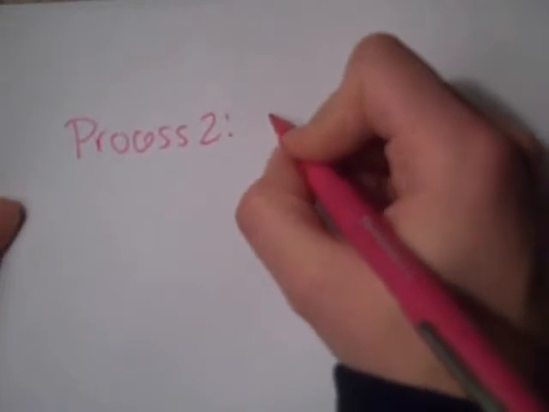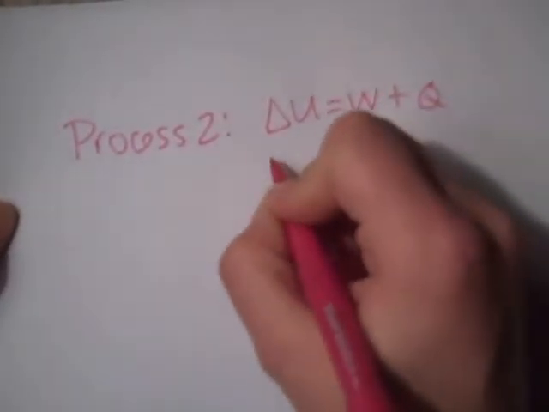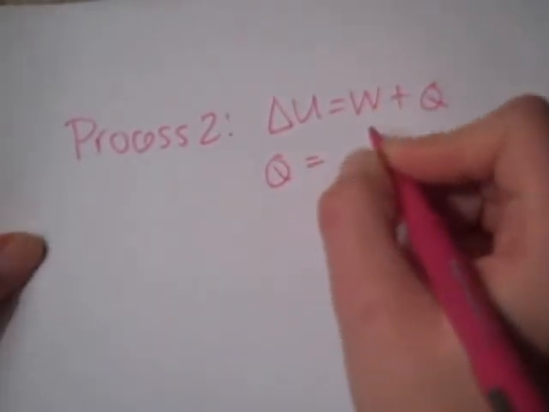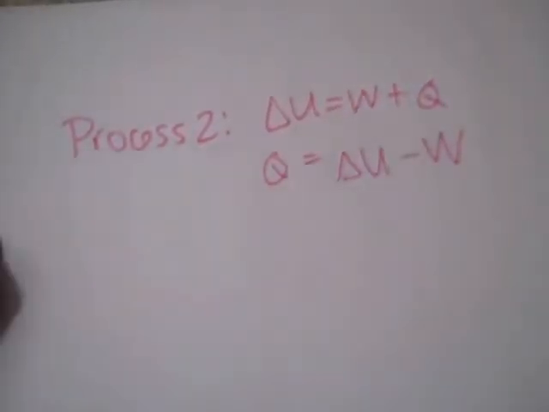we're going to go about a similar type situation, but we've got to think for process 2, it is isobaric, so in this case the work doesn't equal 0. We're going to still have delta U equals W plus Q, and so Q is going to be equal to delta U minus W. So now what we have to do is a little bit more.